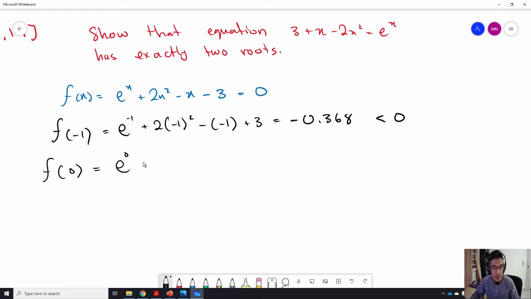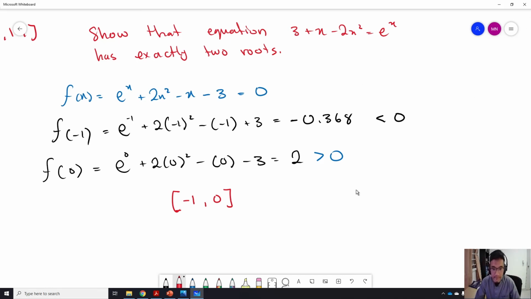Then we have e power of 0 plus 2 times 0 square minus 0 minus 3, and that answer is equal to 2. Okay, so from here we can see that negative 0.368 is negative and 2 is bigger than 0, so that is already two different signs. So then the interval of the root is in between negative 1 and 0.